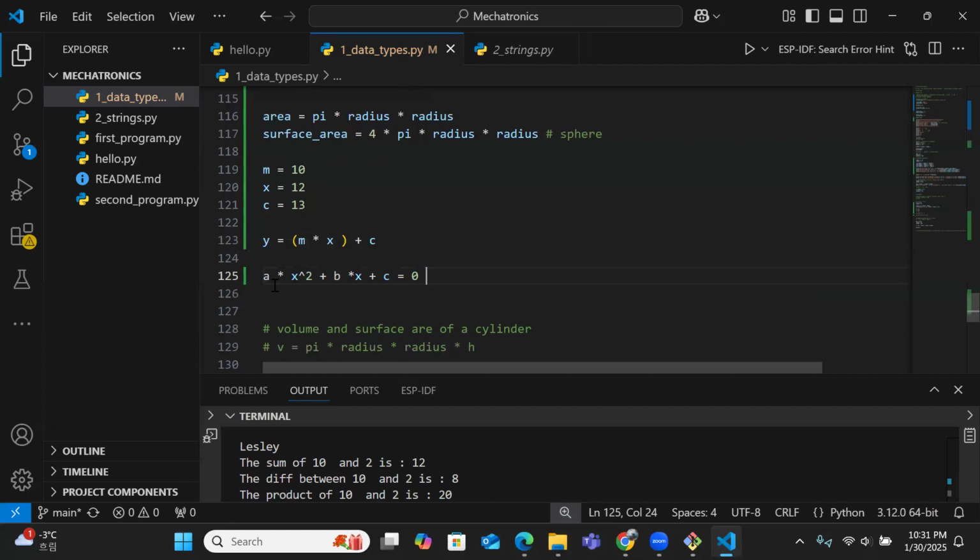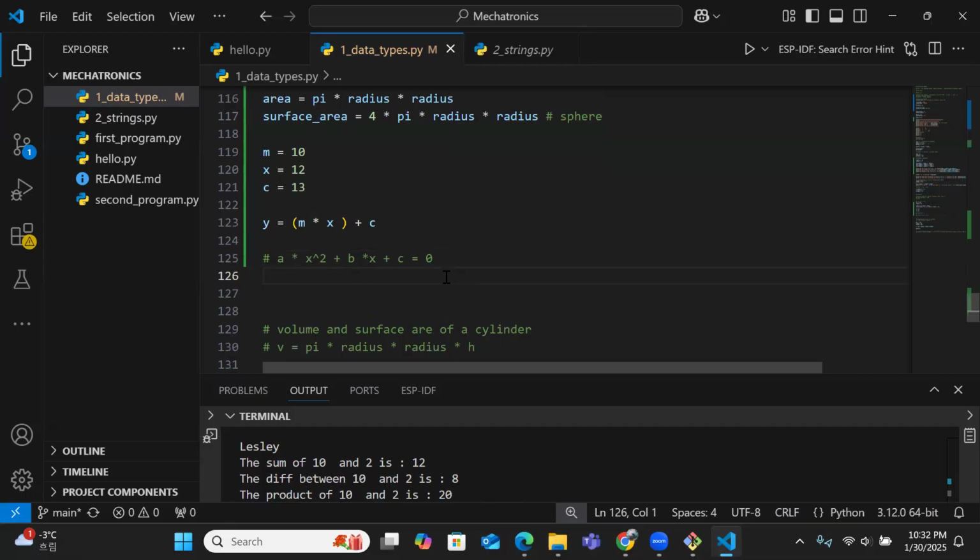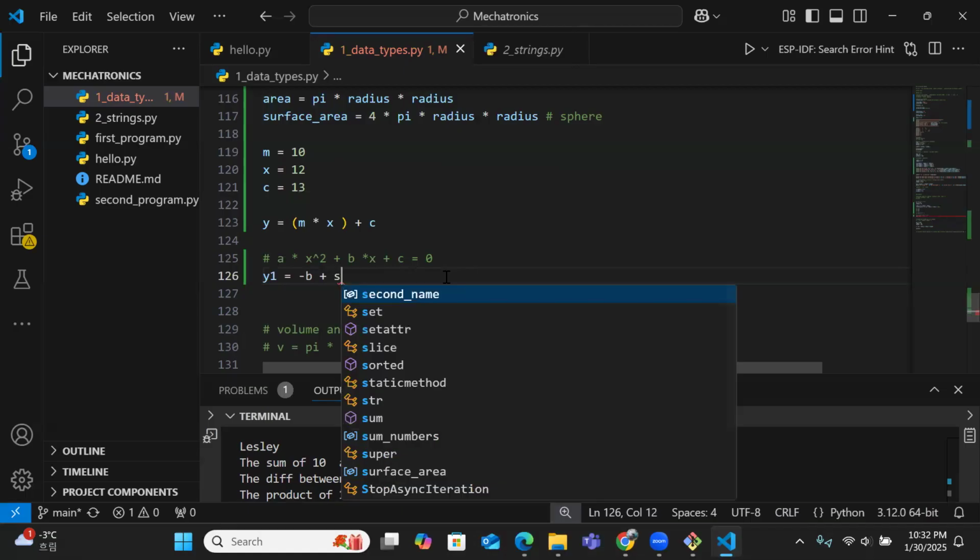The solutions of the quadratic equation are what are called y. If you need to get the formula, it is quadratic because it will have two answers, two solutions, like y1 will be equal to minus b plus the square root of.